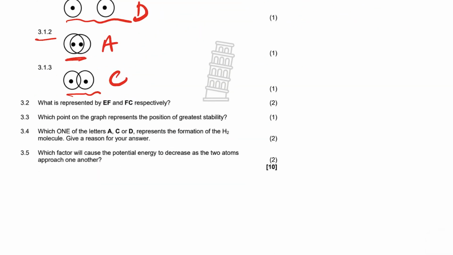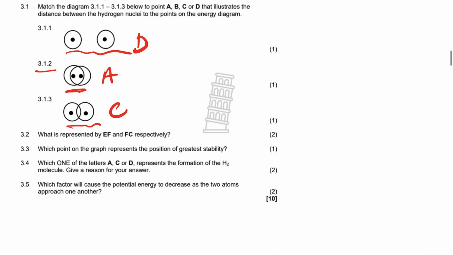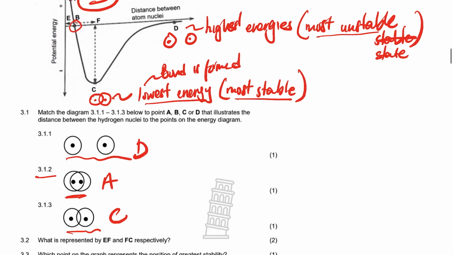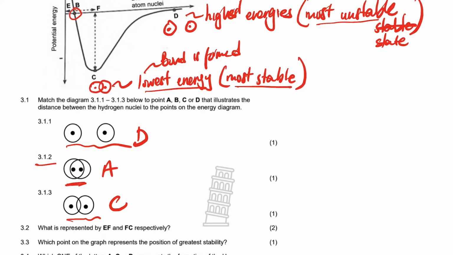Now in 3.2, what are EF and FC representing? Let's look at EF. EF represents the bond length, right? If you look at EF from there to there, it's the bond length.